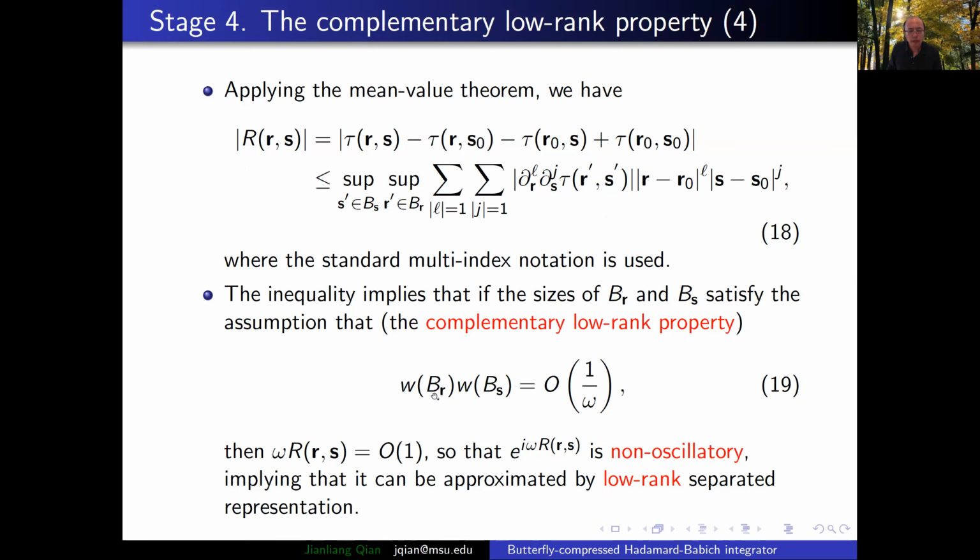Now if we choose the sizes of BR and BS so that their sizes multiplied together are proportional to 1 over omega, that essentially allows us to control this inequality 18, the distance term. Then using the bounds in inequality 18, we can control omega times R, so it is bounded.